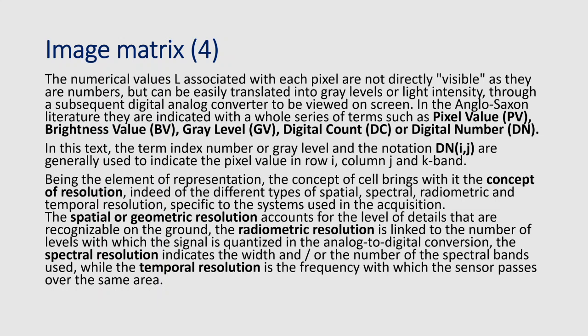The radiometric resolution is linked to the number of levels with which the signal is quantized in the analog to digital conversion, while the spectral resolution indicates the width and or the number of the spectral bands used, while the temporal resolution is the frequency with which the sensor passes over the same area. And these are the four different general concepts of resolution that we already know.